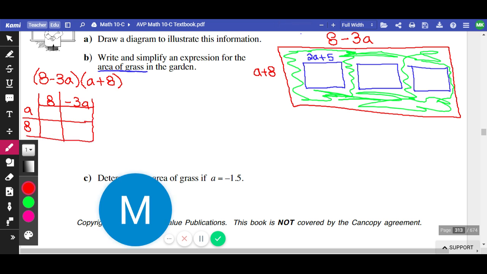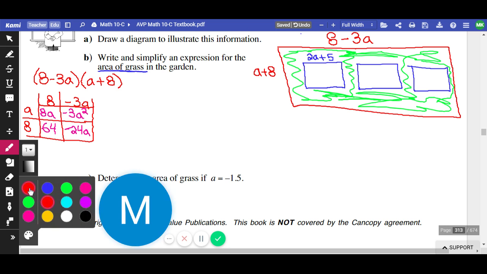Awesome. When you fill out the inside, a times 8 will become 8a. A times negative 3a will become negative 3a squared. 8 times 8 is 64. And 8 times negative 3 is negative 24a. Those 4 things on the inside, those are your area.